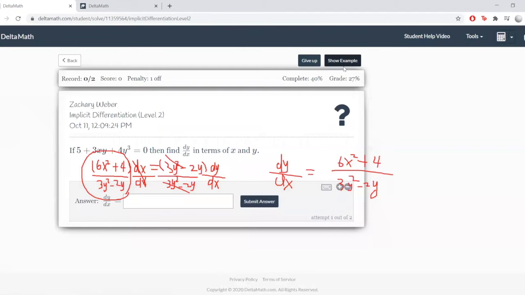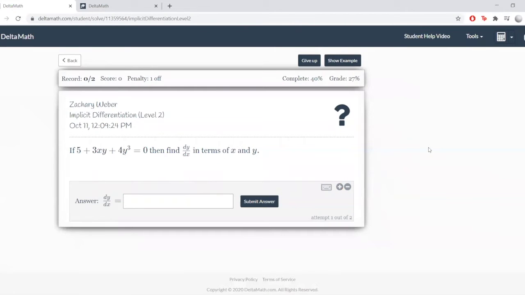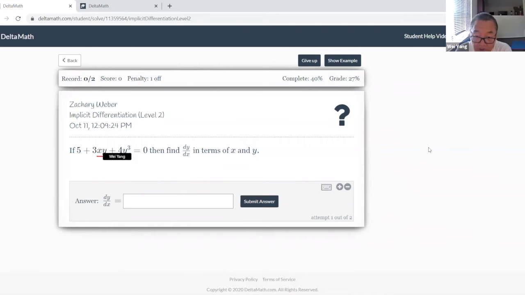Now let's see something like this one, the same thing. But here, you already have x and y mixed together on the left side, and the right side is 0, right? So for this one, you need to use the product rule for this term. First, the derivative of the constant equals 0.